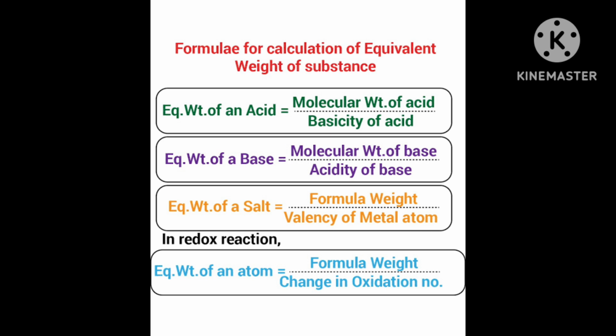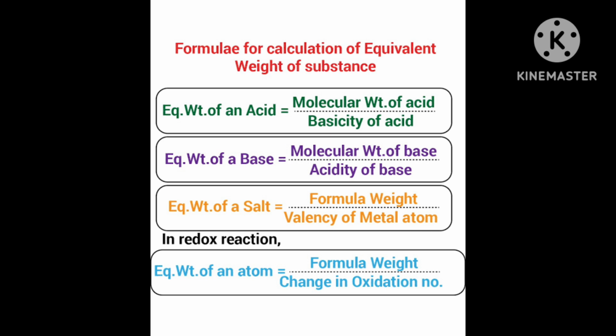Okay, then this is a number, don't forget. The equivalent weight of a substance is the number of parts by weight of the substance that can combine with or displace, directly or indirectly, three things. It can react with three things: hydrogen, second oxygen, third chlorine.